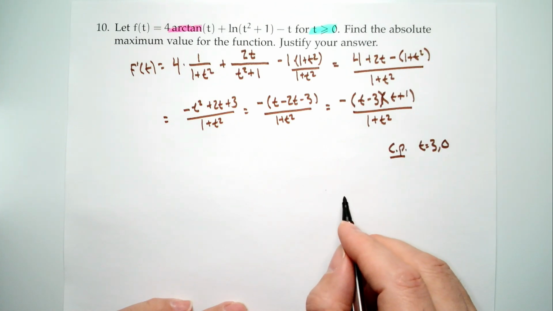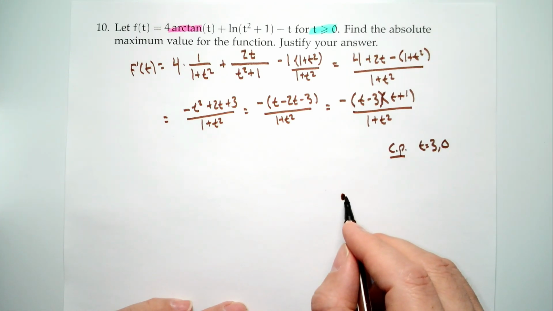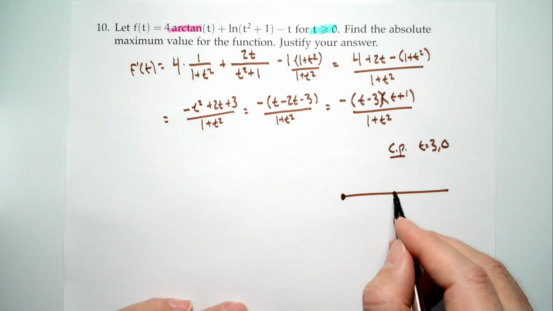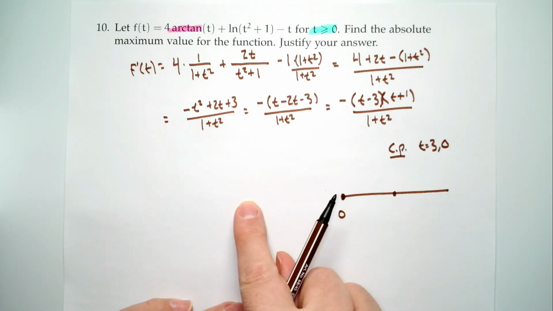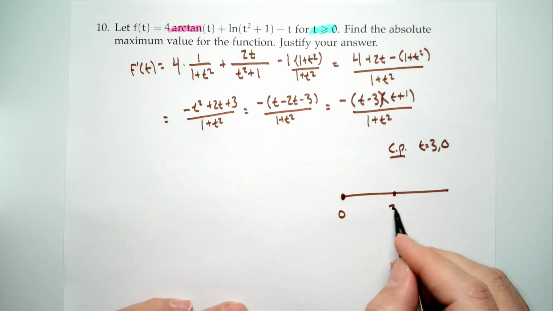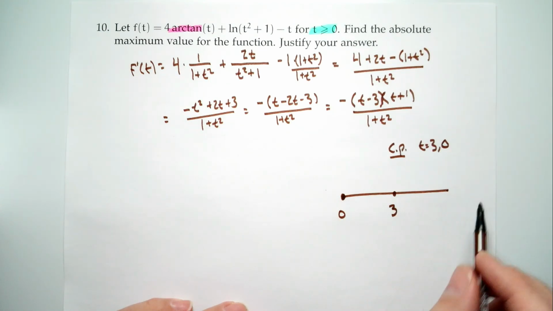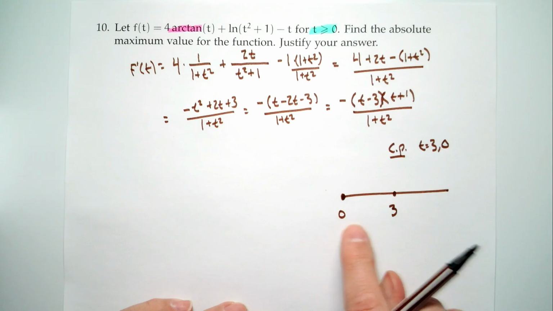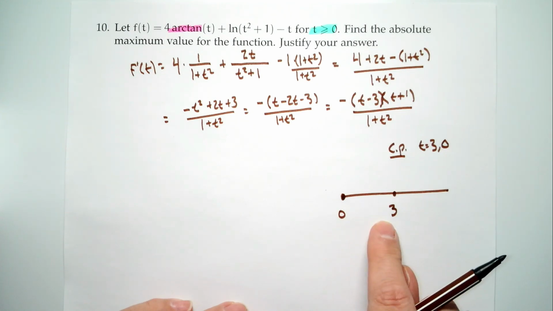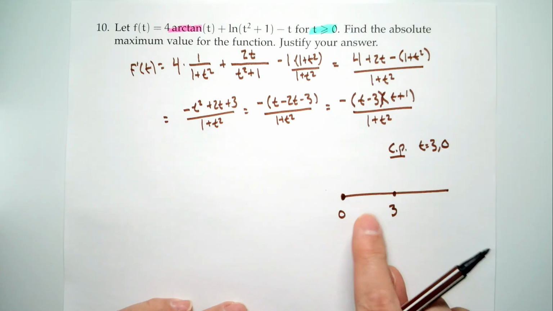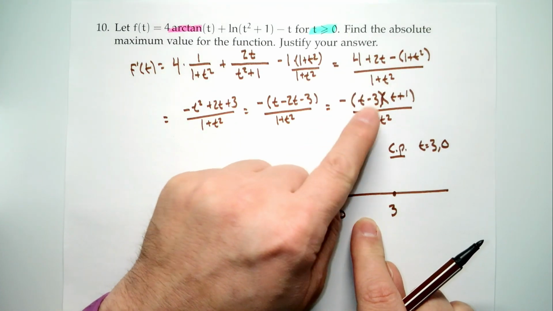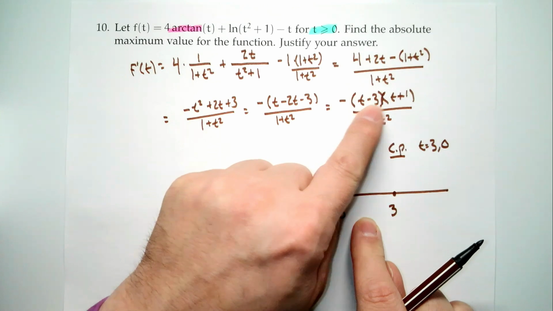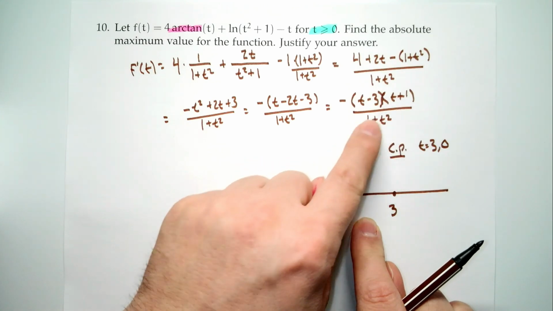Now, let's think about what happens to our function. So, here's 0, and we start at 0, so we don't have anything below 0. And then we go up to 3, and then we go past 3. So, let's pick a number between 0 and 3. Oh, 1, right? Okay. That'll be minus, that'll be plus, and that'll be plus.